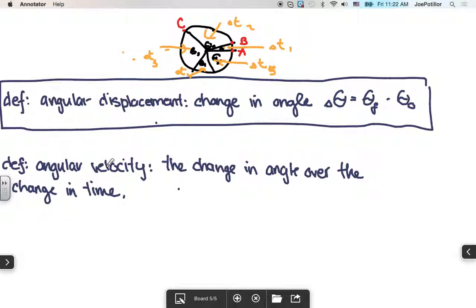Angular velocity is the change in the angle over the change in time, whenever it occurs.